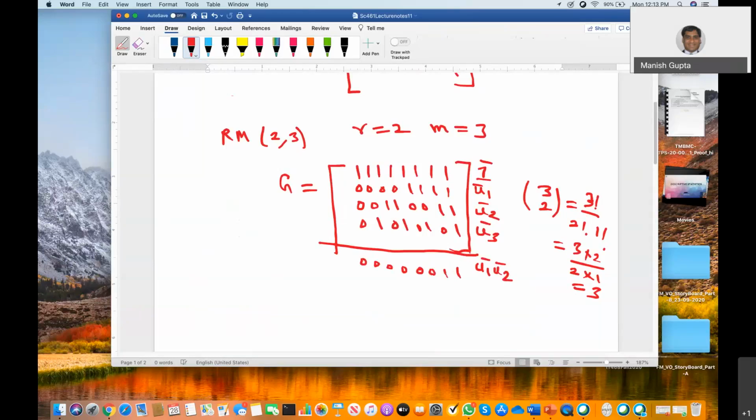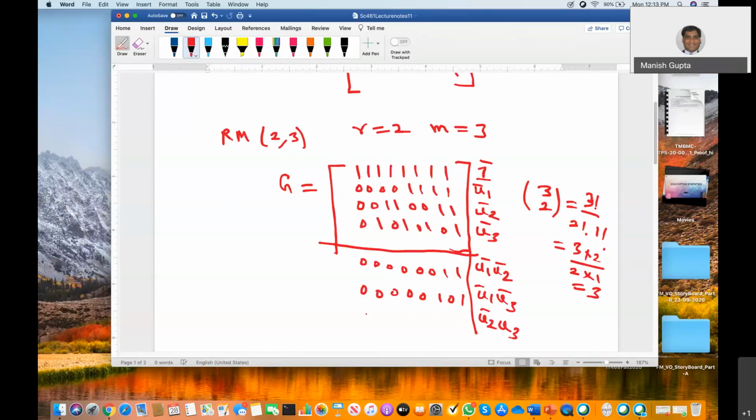Okay, then we can multiply v1 v3. So v1 v3 will be 0 0 0 0 0 1 0 1. Okay, then next we can have v2 v3.